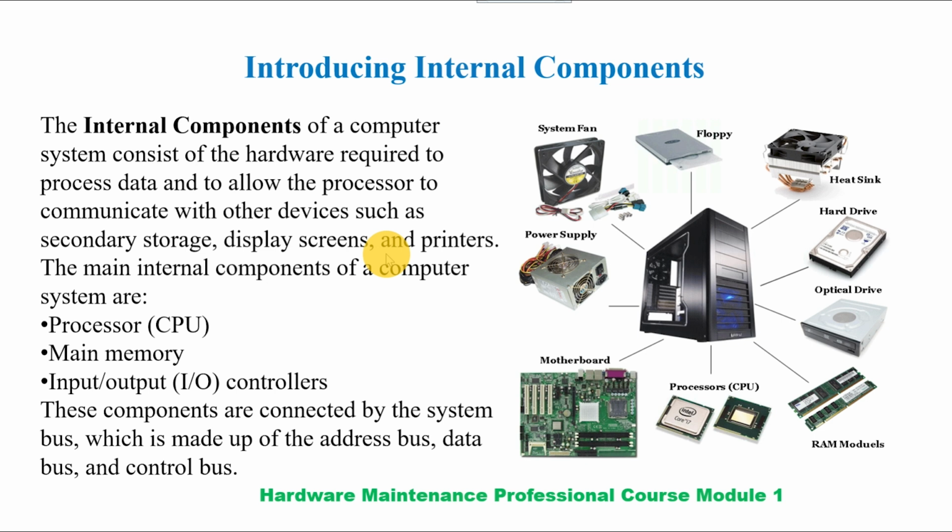The main internal components are the CPU, which stands for central processing unit, the main memory, and input and output devices, or I/O controllers. These components are connected by the system bus, which is made up of the address bus, the data bus, and the control bus. We will discuss what we call buses.